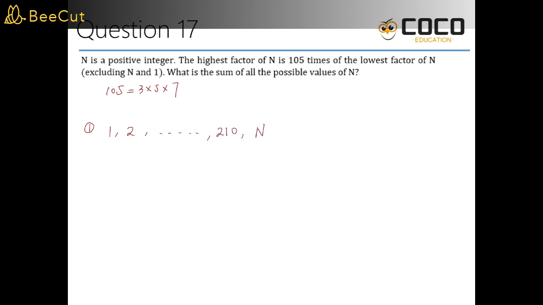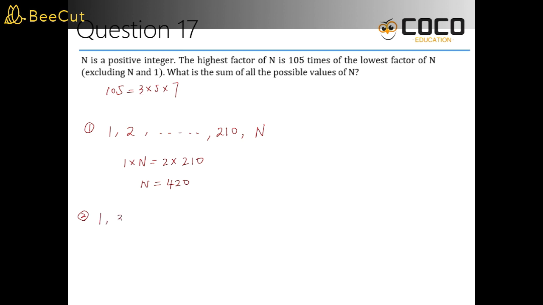Where the largest factor is n. Then we know that the second smallest times the second largest equals the smallest times the largest. So 1 times n equals 2 times 210. We find that n is 420. Right. If the second smallest is not 2, it can only be 3, because 3 is a factor of n.